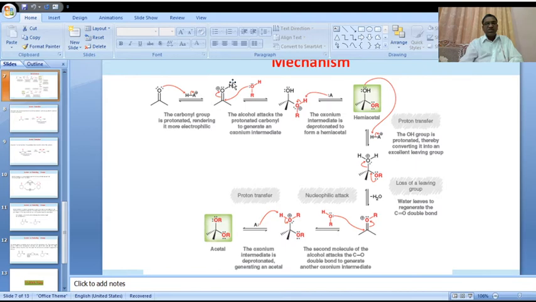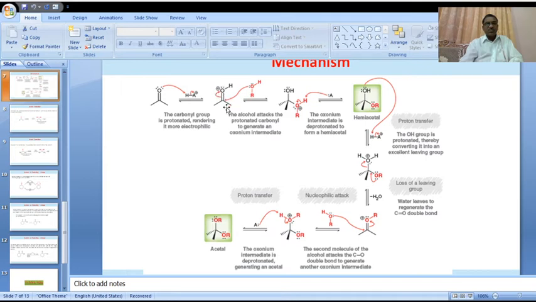In this protonated structure, the oxygen atom gets a positive charge.